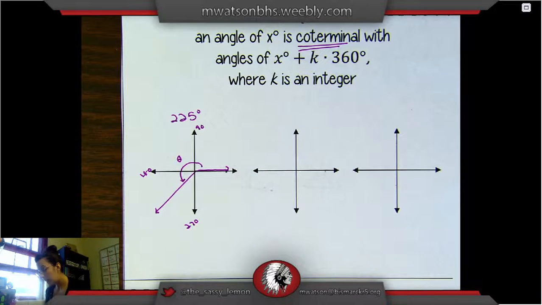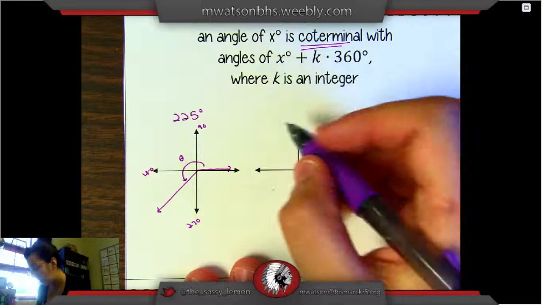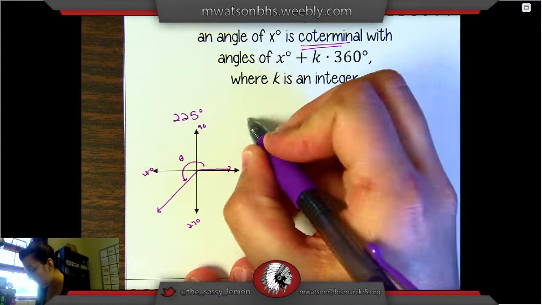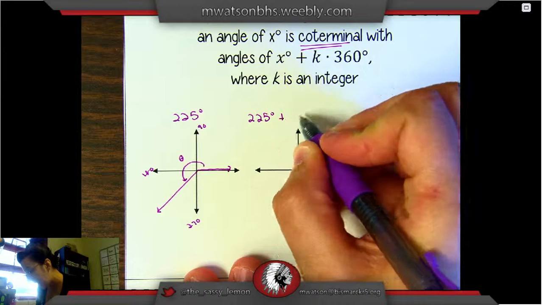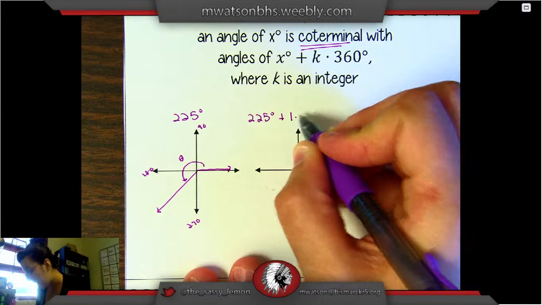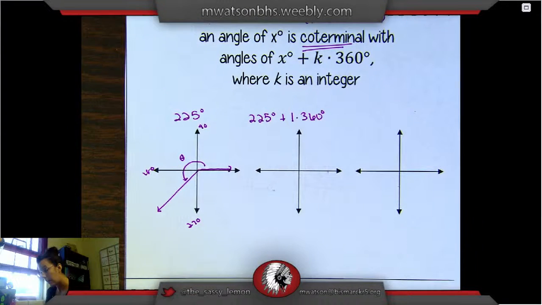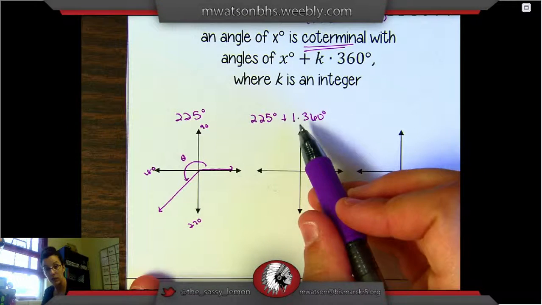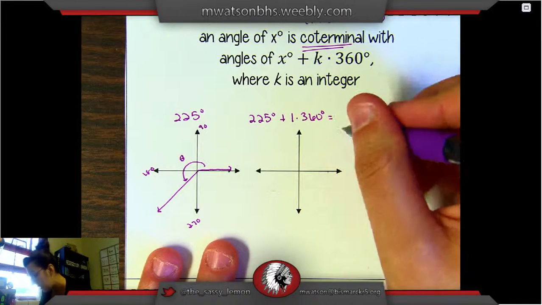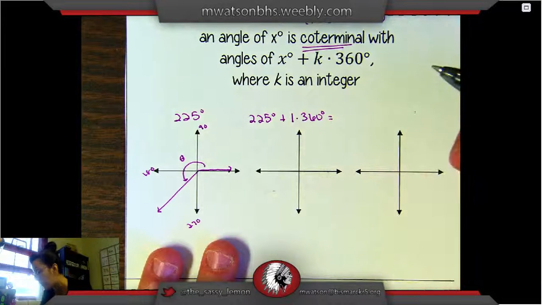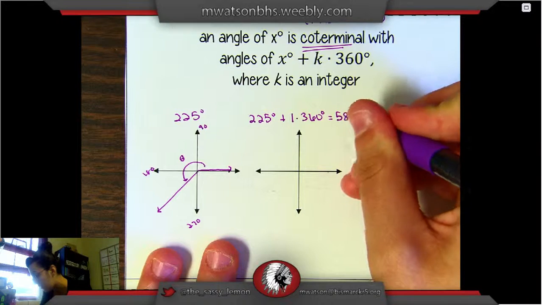Now, to find a coterminal angle, we can use this formula. We can find another angle that's coterminal with 225 by taking 225 and adding 1 times 360 degrees. This is going to give us a coterminal angle that's positive because our k is positive. The angle that we're actually going to get is, what's 225 plus 360? That's 585 degrees.